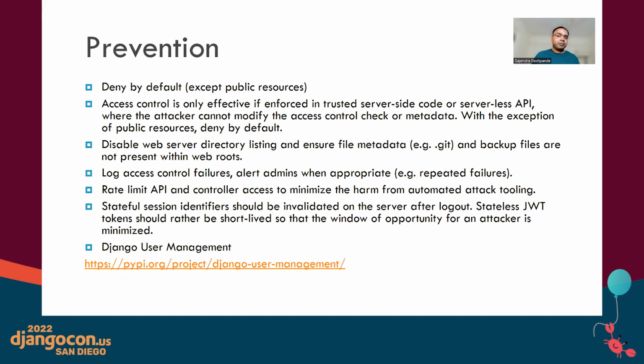Then implement rate limiting on API and controller access to minimize the harm from automated attack tooling. For stateful session identifiers, those should be invalidated on the server after logout. For stateless tokens, they should rather be short-lived so that the window of opportunity for an attacker is minimized. Then use the Django user management plugin.